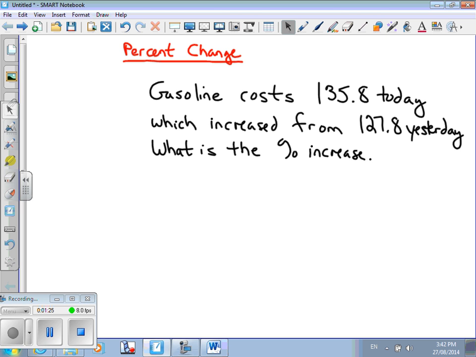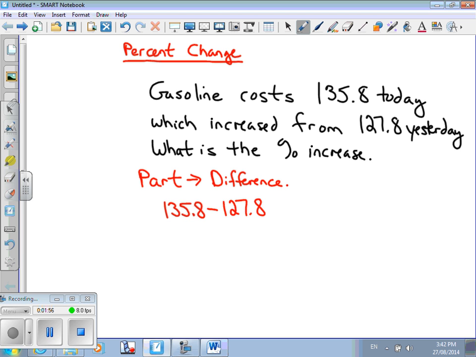On problems like this, the one piece of information that is missing is the part. Or in this case, it might be better to call that the difference. The difference is a subtraction between what it is and what it was.